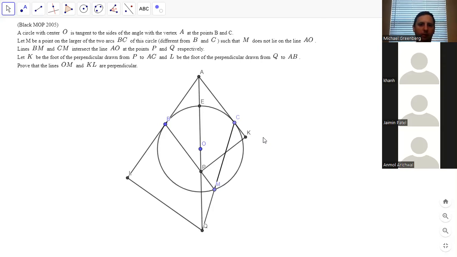Let's see. Maybe this is a little harder than I thought. Yeah, it seems like it should be easy, but I don't know. Can we use orthocenters?